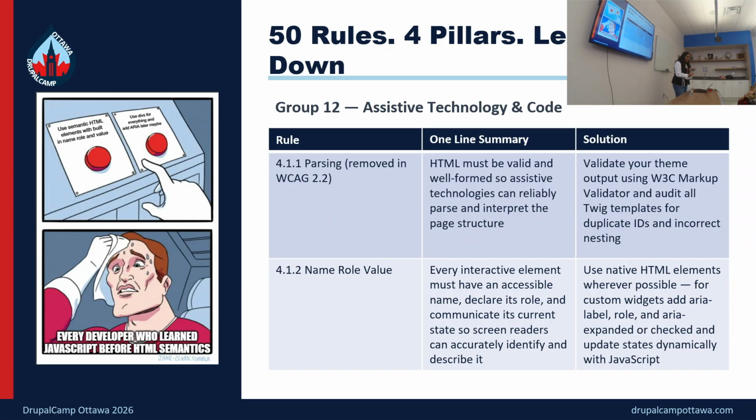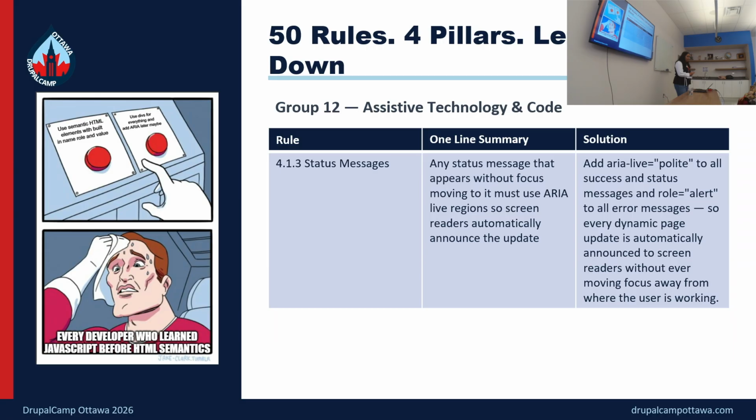Then moving on to the last rule, that is 4.1.3, status messages. Any status messages that appear without focus moving to them must use an aria-live region so the screen readers automatically announce the updates. Now, in this scenario, we need to create a balance. If you're having any information dynamically popping up on your screen, you need to mention it to the screen reader.